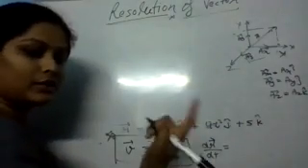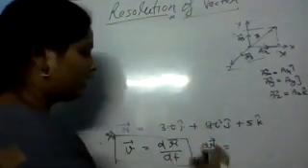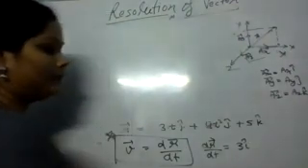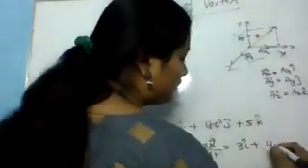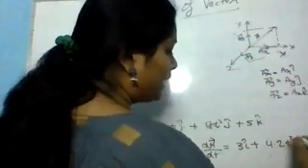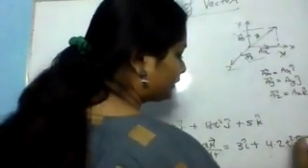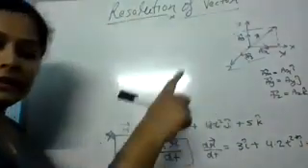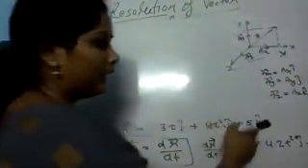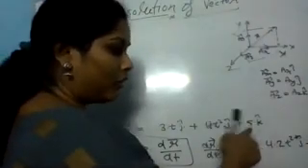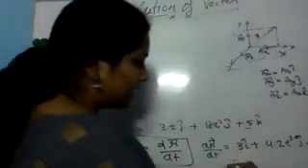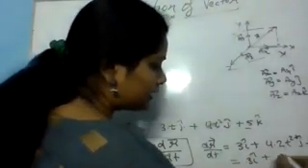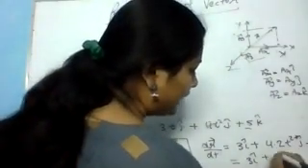This is t, that means t to the power 1, so we will apply the differentiation formula. Here we will get 3 i cap because dt upon dt equals 1, plus here t square, so we will write 4 into 2t to the power 2 minus 1, j cap. Simple formula: n x to the power n minus 1. And here there is no term; this is all constant, so when we differentiate with respect to time, it becomes 0. So your answer is 3 i cap plus 8t j cap.